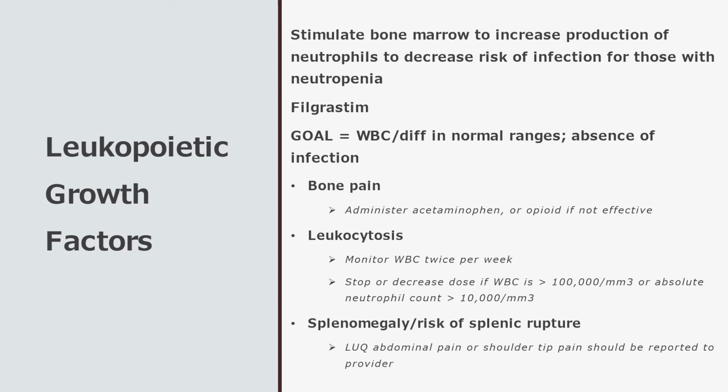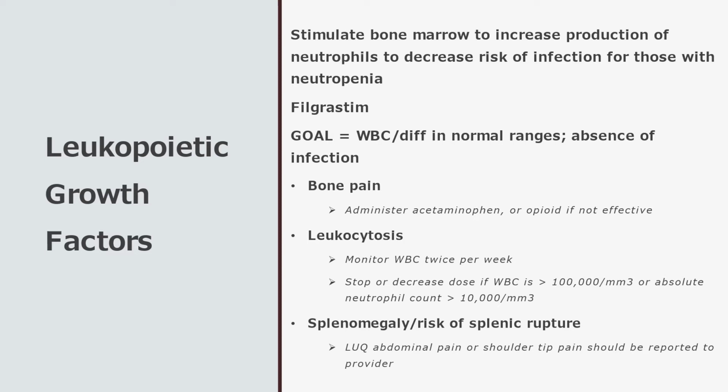Leukopoietic growth factors are going to stimulate the bone marrow to increase production of neutrophils to decrease the risk for infection for those that have neutropenia. Example here is going to be filgrastim. Our goal is going to be related to our white blood cell differential. So we want all of our white blood cell differentials to be in normal ranges, and of course the absence of infection. We need to monitor for bone pain.